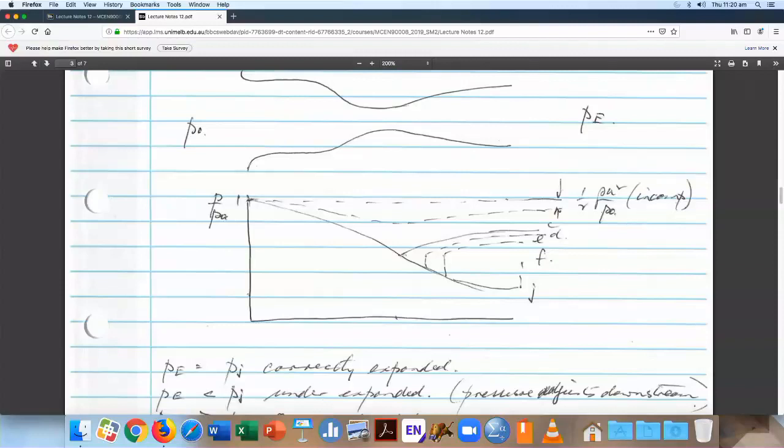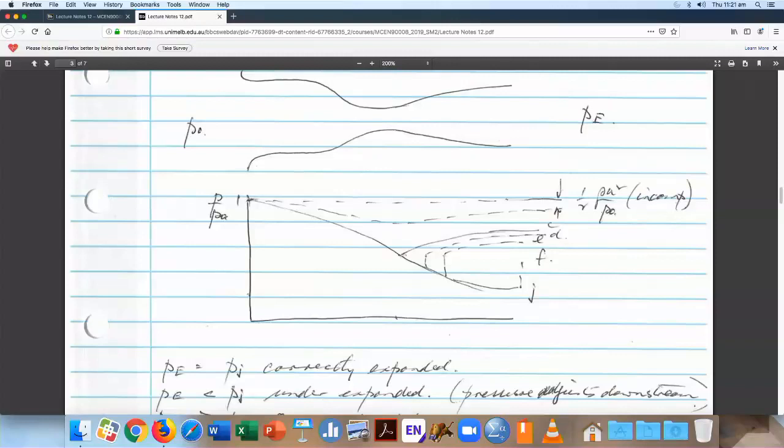And the limit of that is when you keep dropping this downstream pressure here, PE, and you drop it further, and the flow keeps accelerating because you're dropping the pressure, and there's a greater pressure gradient, certainly up to here, and then it decelerates if it's subsonic here.